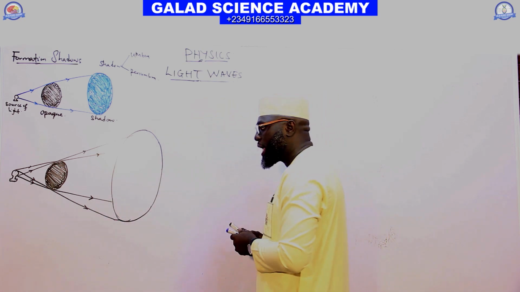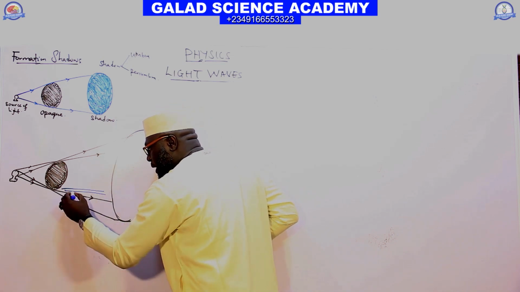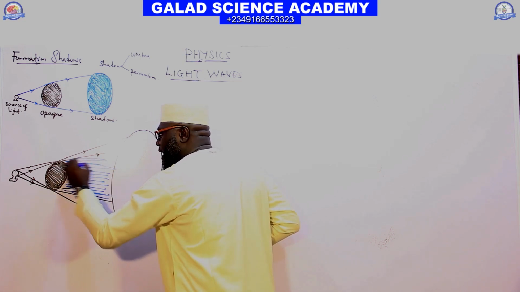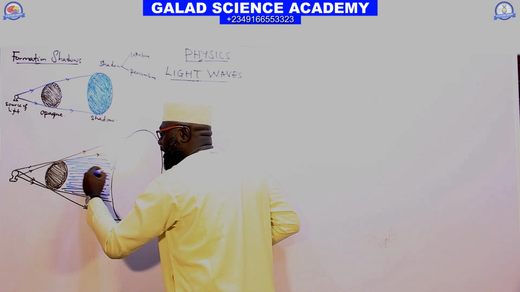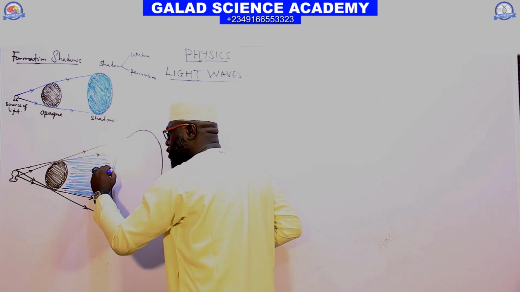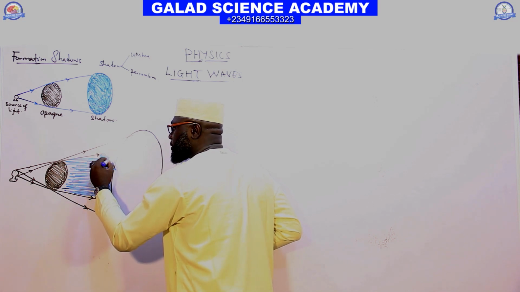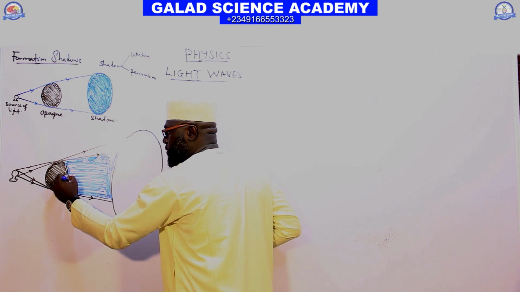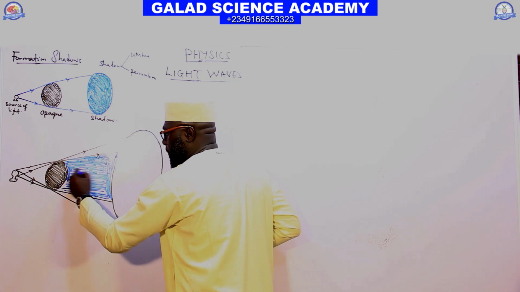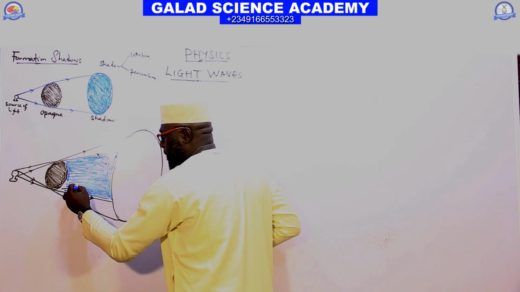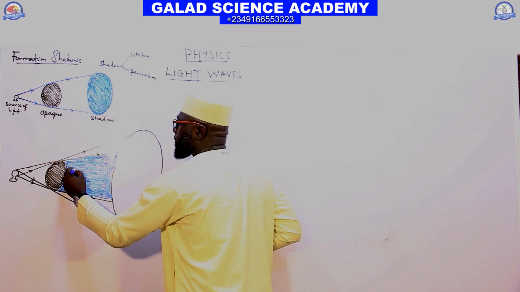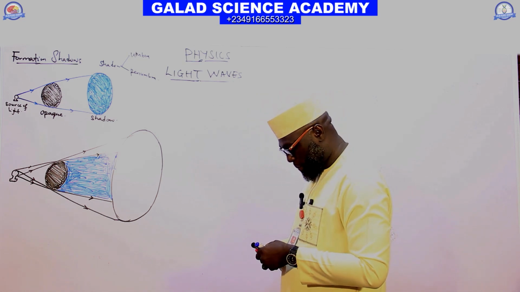So at this particular point, at the back of this opaque object, everything we have here, we call it umbra.